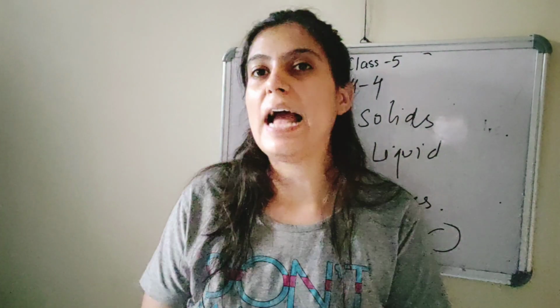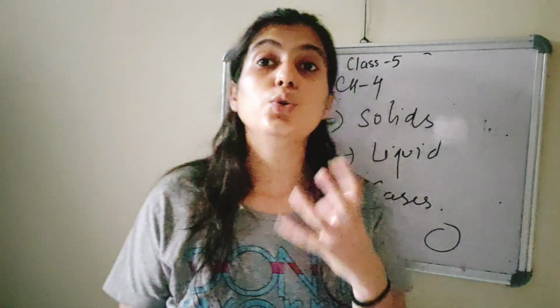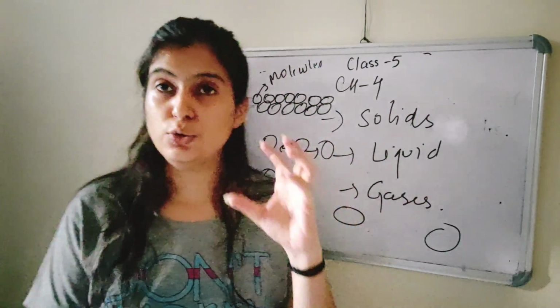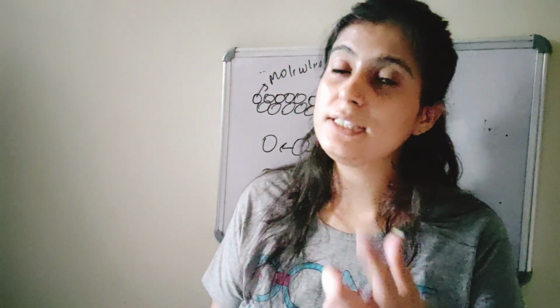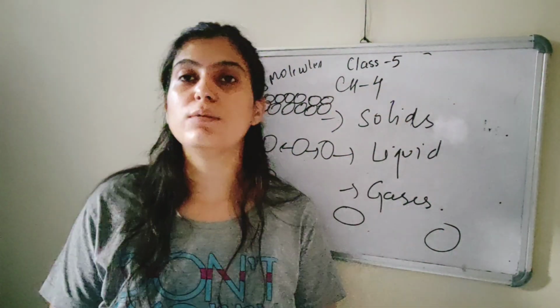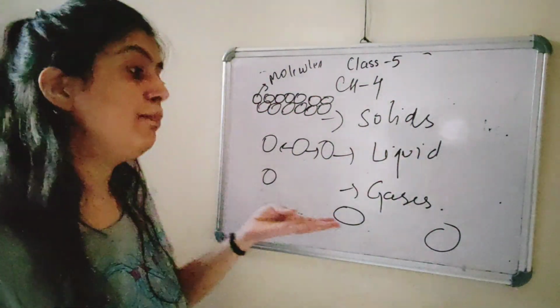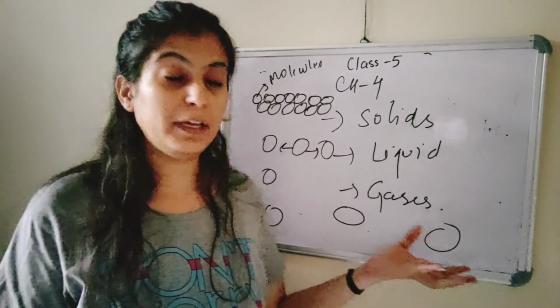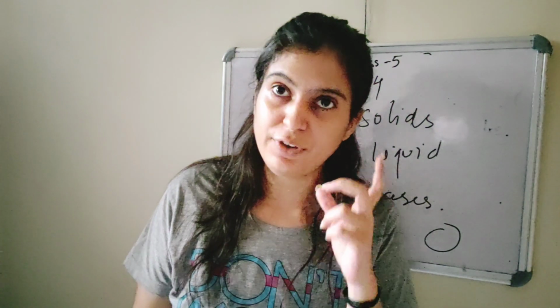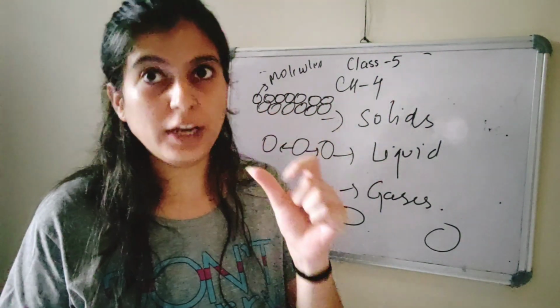If you fill the gas into a container, you can see that they will fill up the container. In gases, the molecules move randomly and there are much larger spaces. Because of that, gases do not have a definite shape, neither a definite volume.